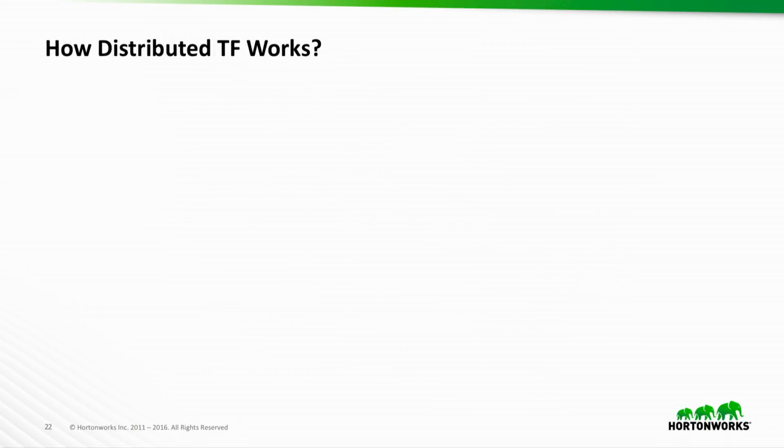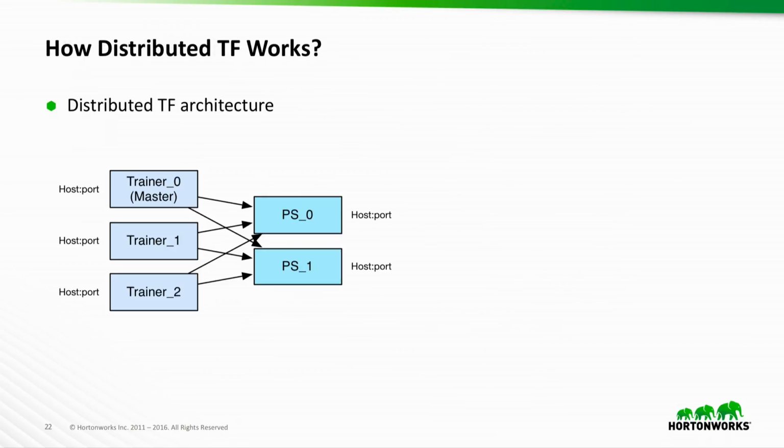And how does distributed TensorFlow work? Here's a very simplified distributed TensorFlow architecture. On the left side are some workers. The workers use the data and run matrix computations to calculate what the values of the parameters should be.